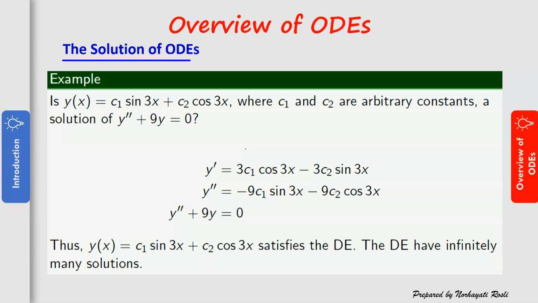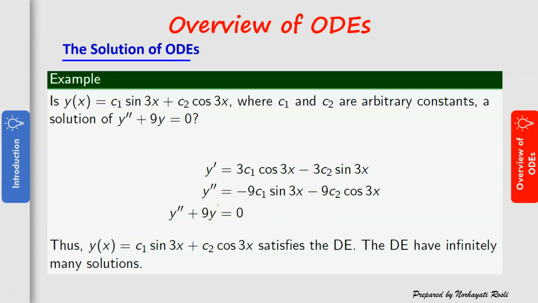The first example: let's say we have y(x) equal to c1 sin 3x plus c2 cos 3x. We want to check, for arbitrary constants c1 and c2, whether this y(x) is a solution for y double prime plus 9y equal to 0. This is the step to solve it.